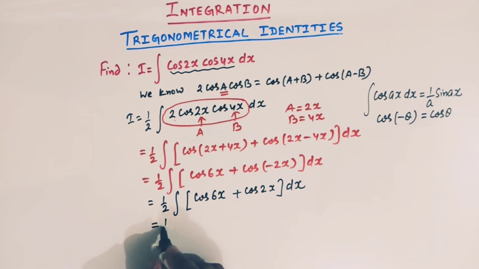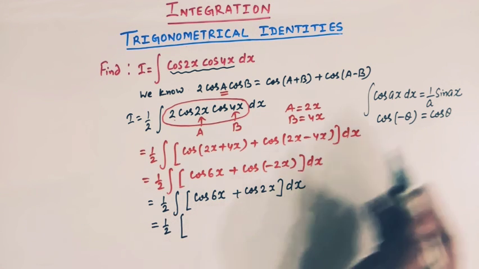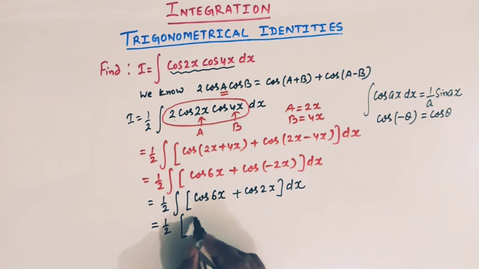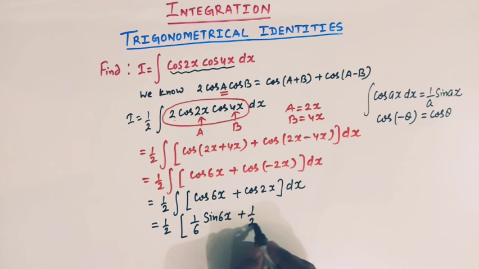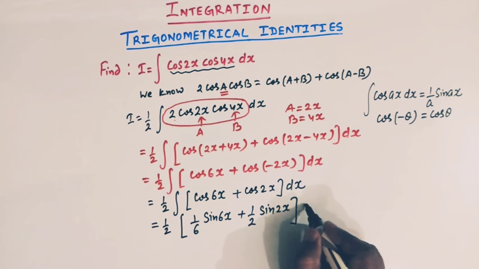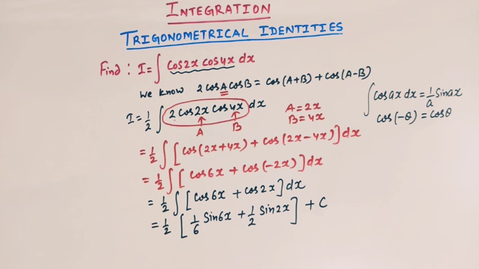Now this is half, and the integral of cos 6x can be written with the help of this formula. So we have 1 over 6 sine 6x, and here we have half sine 2x, right, and plus c is the constant of integration, right?